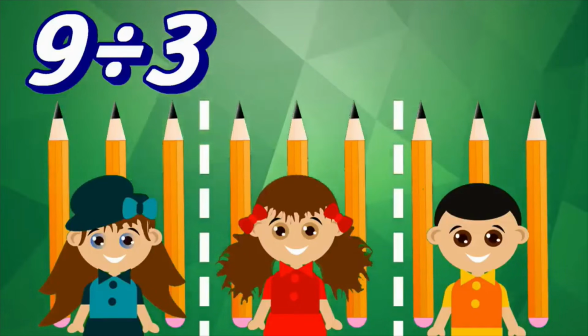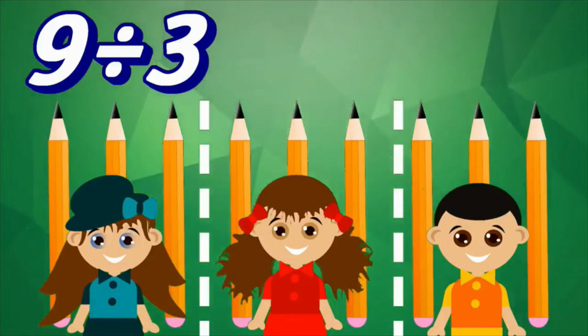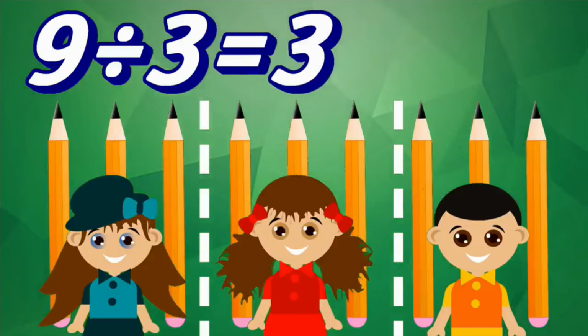When we divide 9 by 3, how many pencils does each student get? Yes, 3. Great job. That means 9 divided by 3 equals 3. If you split 9 into equal groups of 3, there are 3 in each group. 9 divided by 3 equals 3.